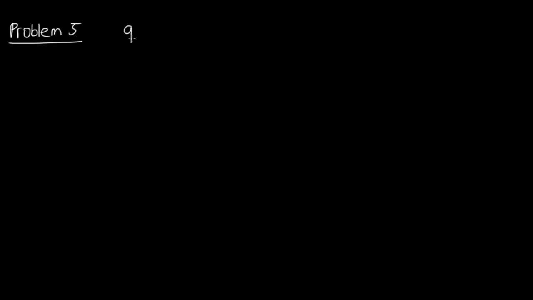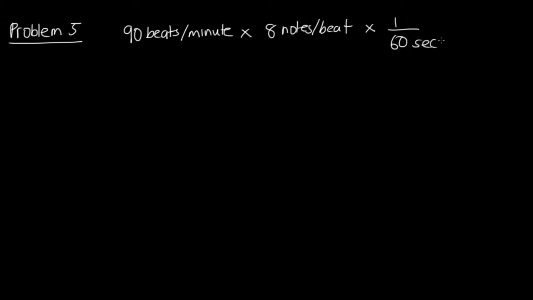We've got 90 beats per minute, and then 8 of these notes in each beat. What we're trying to do is work out the frequency. So we multiply by 1/60, because there are 60 seconds in a minute, and then this is our frequency.